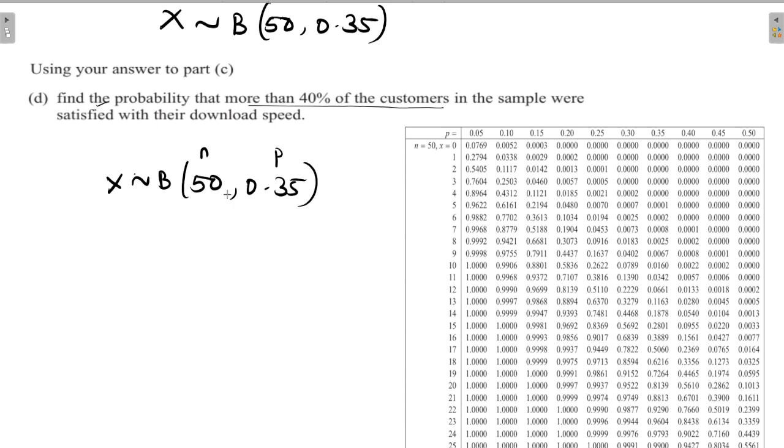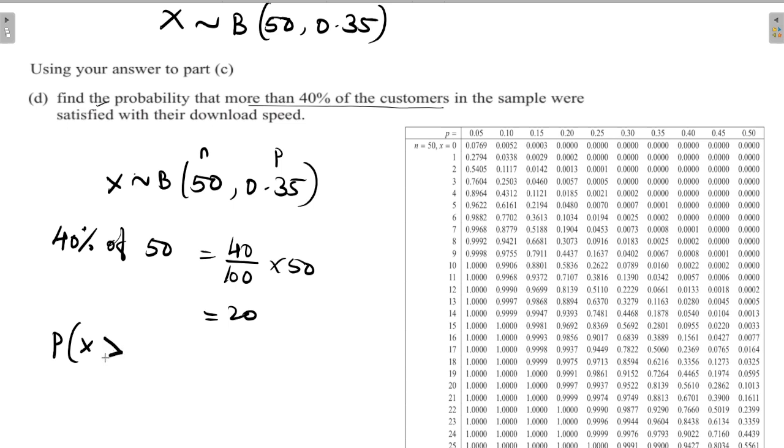We have 50 customers. 40% of 50 is 40 by 100 times 50, which is 20 customers. So the required probability is P(X greater than 20), which is equal to 1 minus P(X less than or equal to 20).